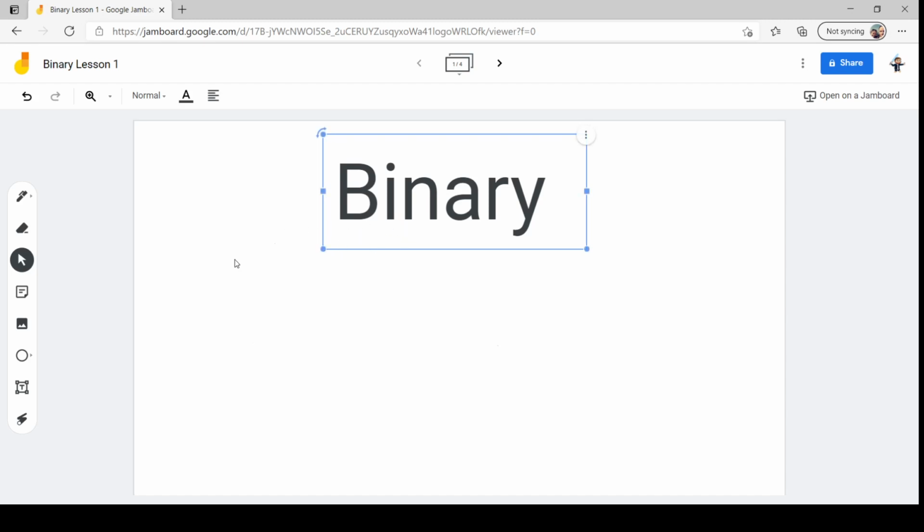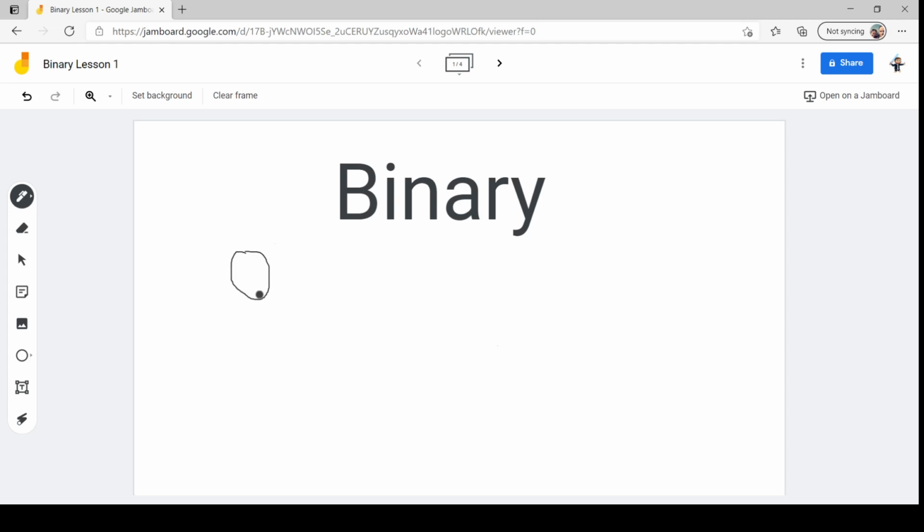Binary has that name because it is made up of two separate numbers, and those numbers are 0 and 1. It's not the best writing ever, but it will have to do for the moment. So, binary is made up of two numbers, 0 and 1.